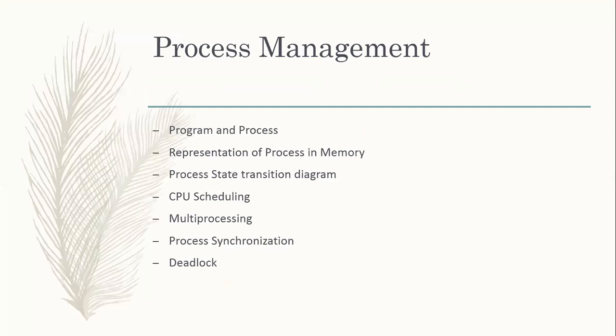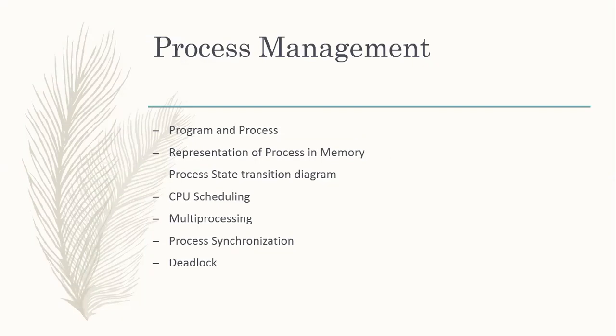Further, we will look at how we represent a process in memory, what the actual representation of a process inside our memory is. And once I say memory, it means the primary memory, which is our RAM, random access memory.